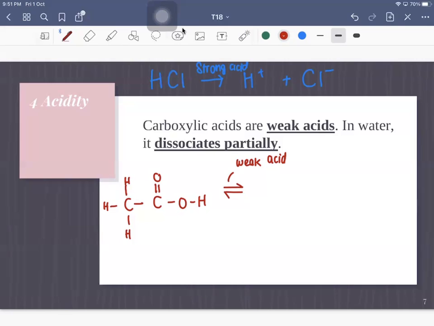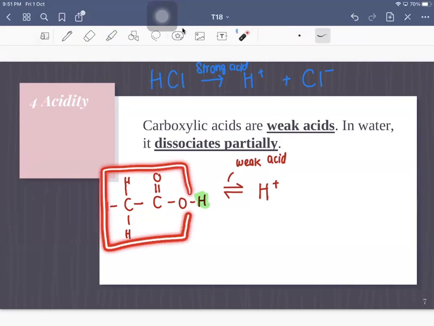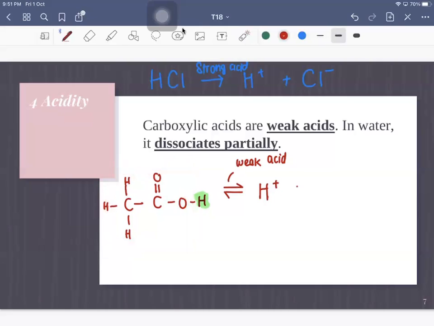What happens? You will release H plus. So after you have released H plus, or broken it down into H plus, you are left with the rest of the molecule that becomes an anion. So your anion is CH3COO minus.